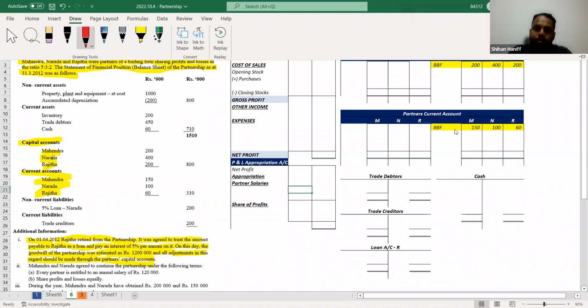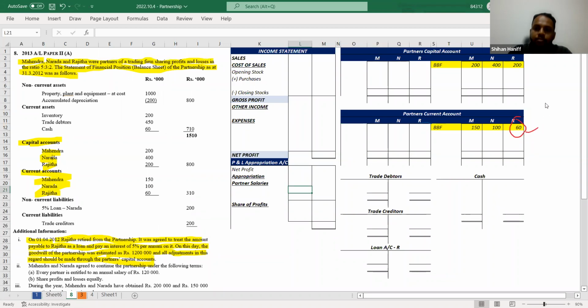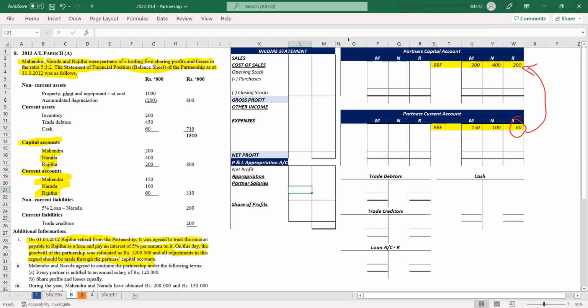When a partner is retiring, all his current account balances should be transferred to the capital account, right? How do we transfer? There is 60,000 in the current account balance.